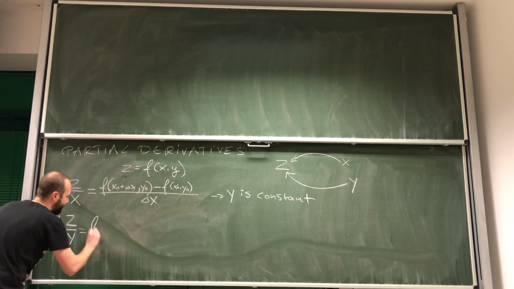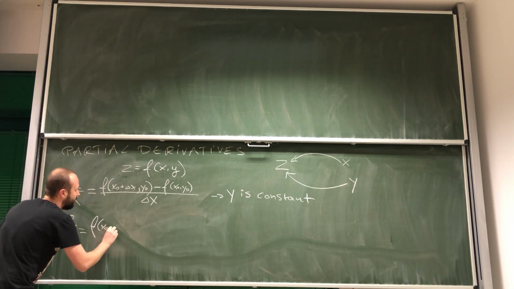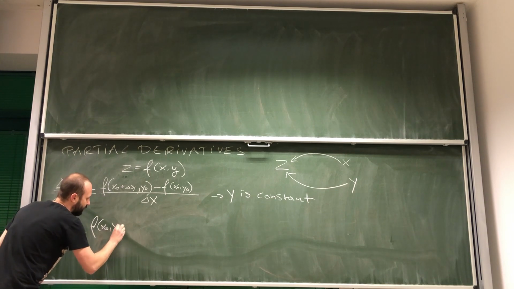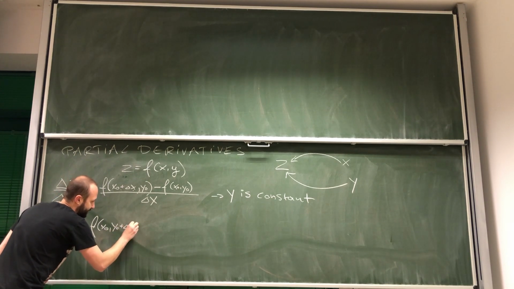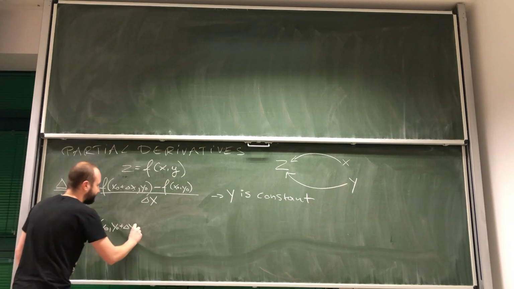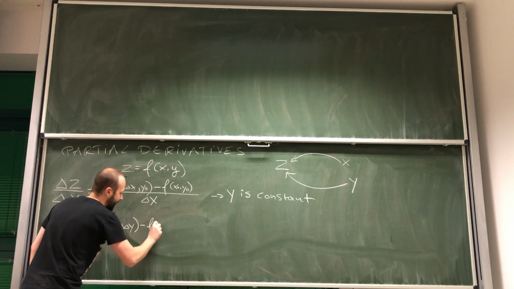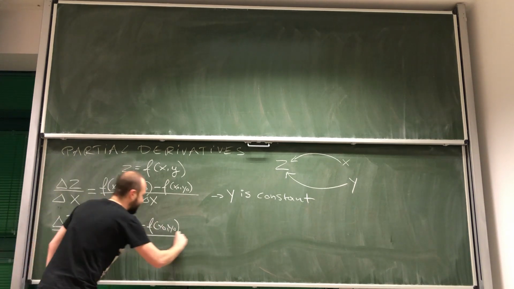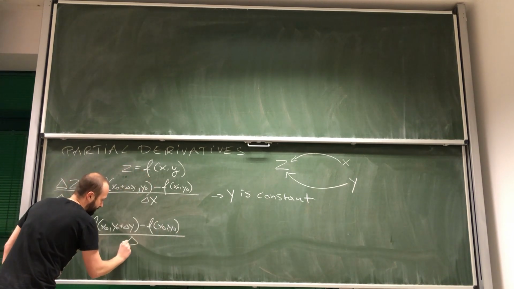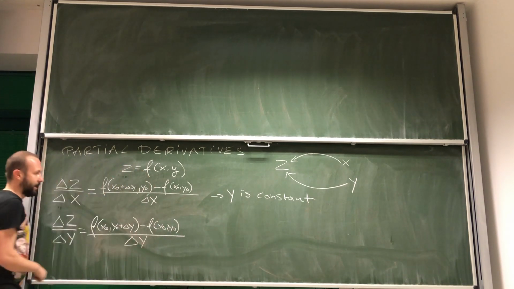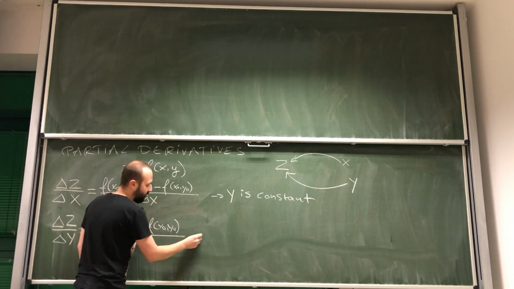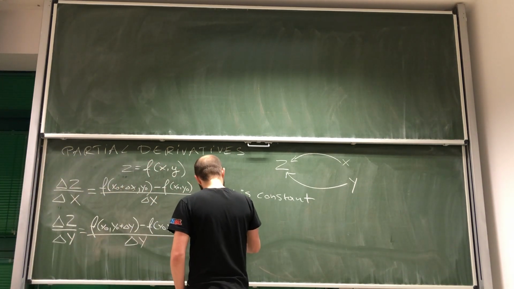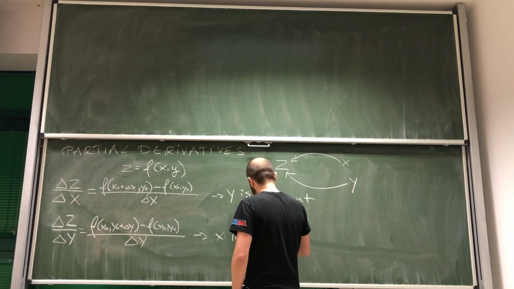So we will have f of x0, y0 plus delta y minus f of x0, y0 all divided by delta y. So in this case, of course, we've got that x is constant.